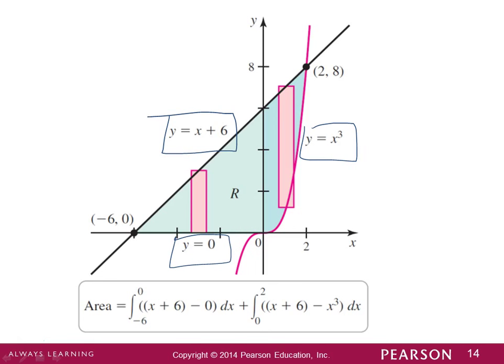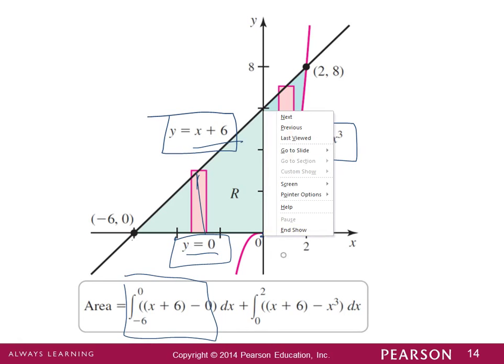So we have three things going on here, and to do this effectively with the way I showed you earlier, we would have to look at, well, from -6 to 0, our rectangle is actually bound by the function of x plus 6 and y equals 0. So this would be the area of that region, taking x plus 6 minus 0, evaluating from -6 to 0, and then doing a whole new integral from 0 out to 2.